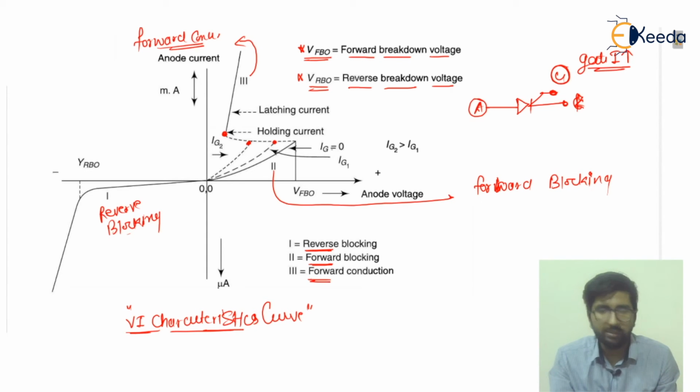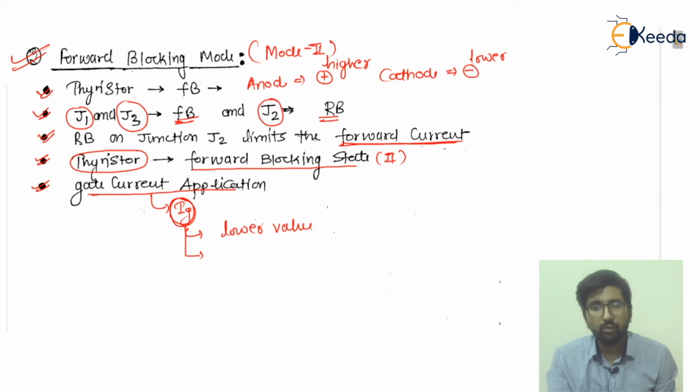Suppose we have not provided any, so IG is equal to 0, and then we are increasing it. At a lower value of IG, it will remain in forward blocking mode.